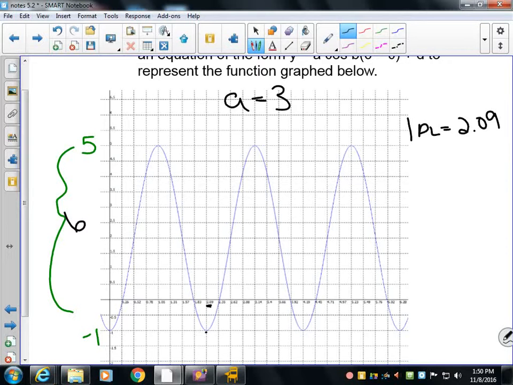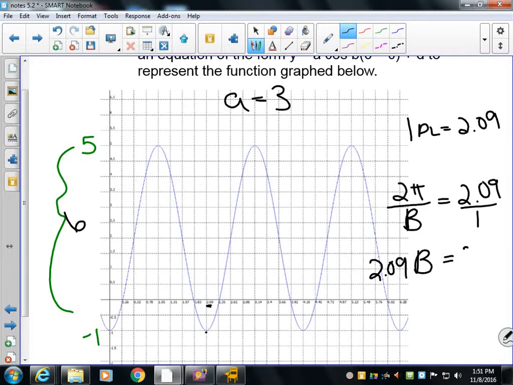Well, we know 2 pi divided by b is equal to your period length, in this case 2.09. If we put it over 1 and cross multiply, we end up with 2.09b is equal to 2 pi.